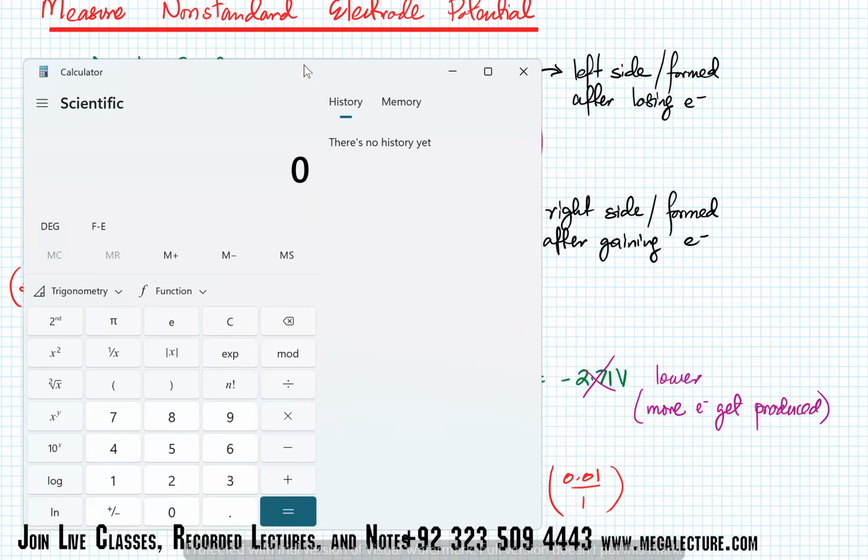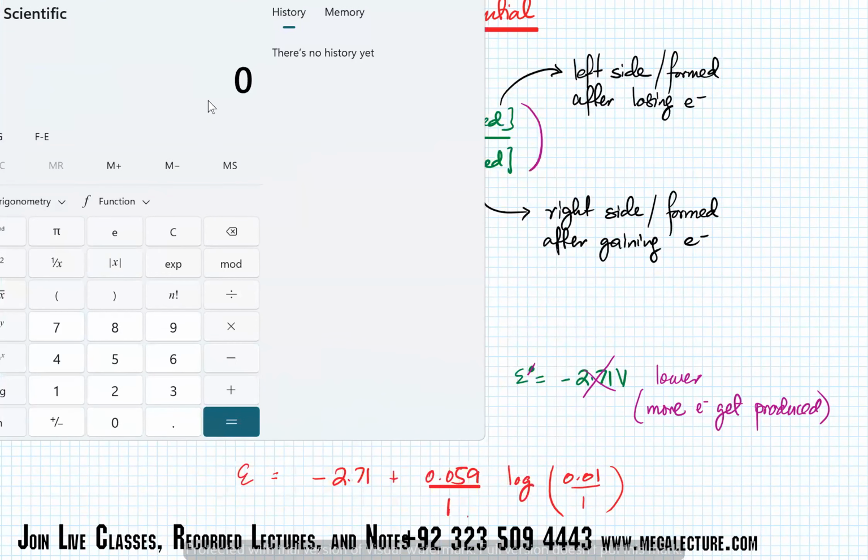I'm going to try and measure this one. Let's take the log of 0.01. So that's coming out to be -2. Then this is -2, so multiplied with 0.059.